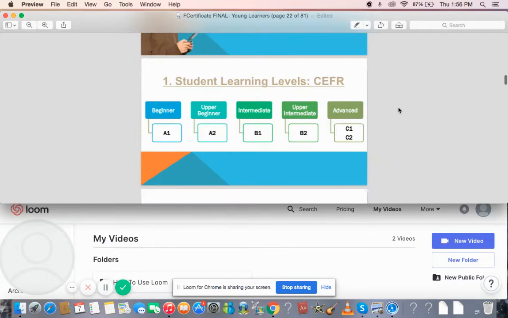When we talk about student learning levels under CEFR, we have A1, which is beginner, A2, which is upper beginner, B1, which is intermediate, upper intermediate B2, then we have advanced C1 and C2.